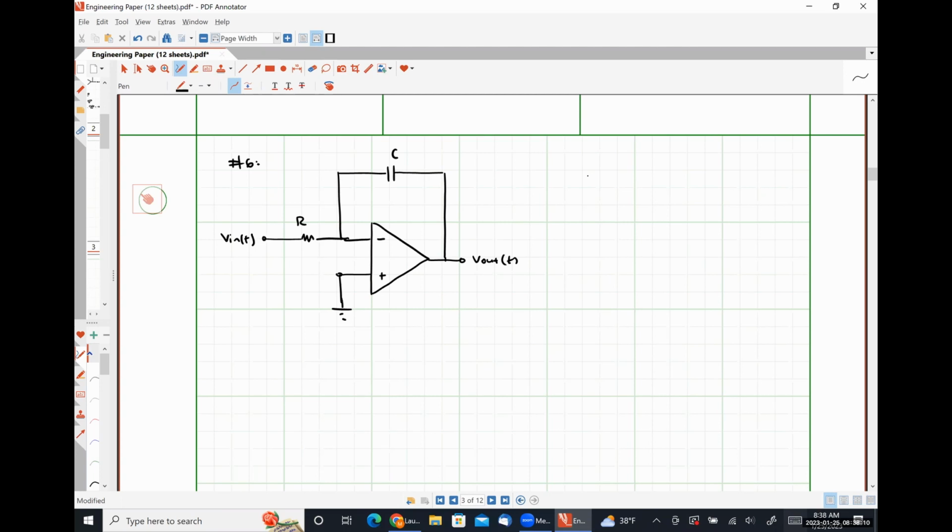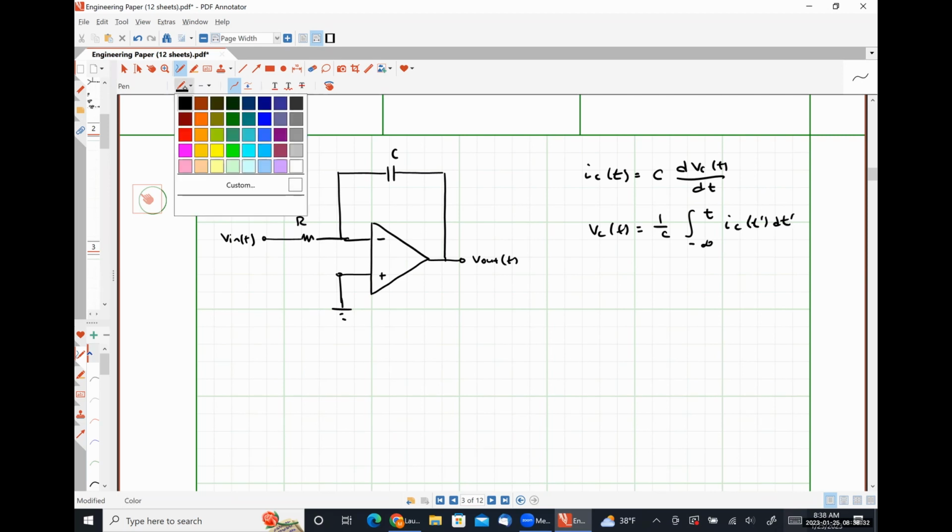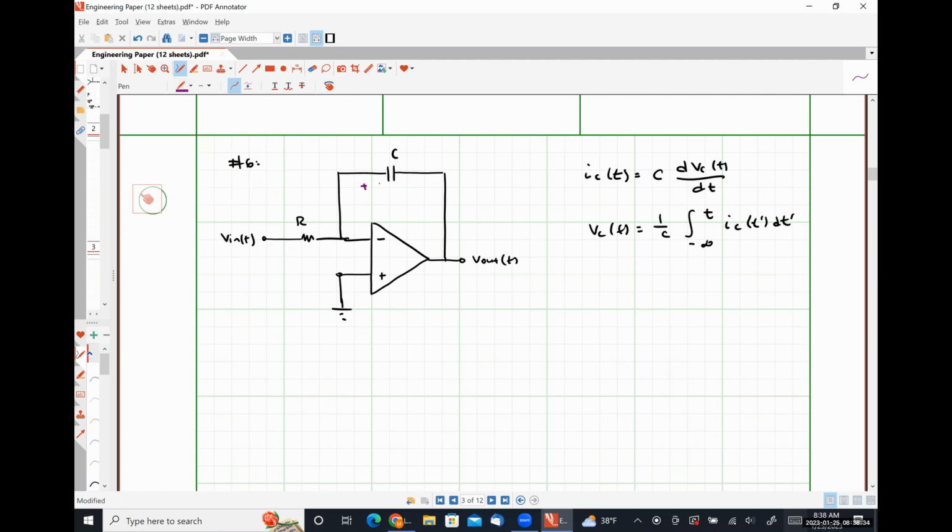And to refresh you guys, we have these capacitor relationships. All right, so let's say that our capacitor voltage, I'll do it in purple, is this voltage, and our capacitor current is in turn this current.